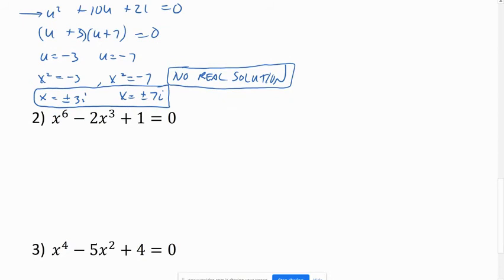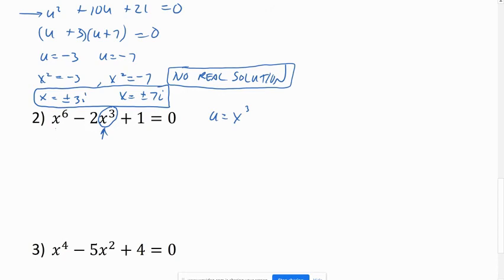Okay, number 2. We can tell this is also in quadratic form because this expression squared gives you x to the 6th. And so if I choose u equals x cubed, look at what happens.